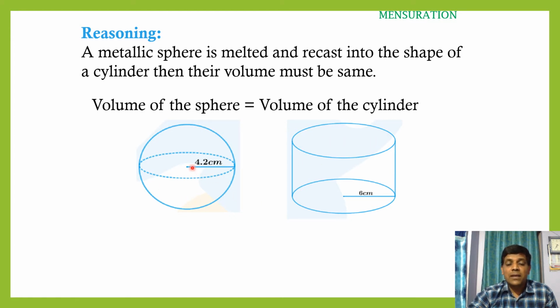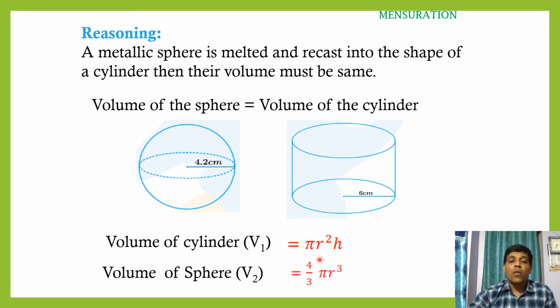Now we have to find the height of the cylinder. Volume of the cylinder V1 is equal to pi r square h. Volume of the sphere V2 is equal to 4 by 3 pi r cube.